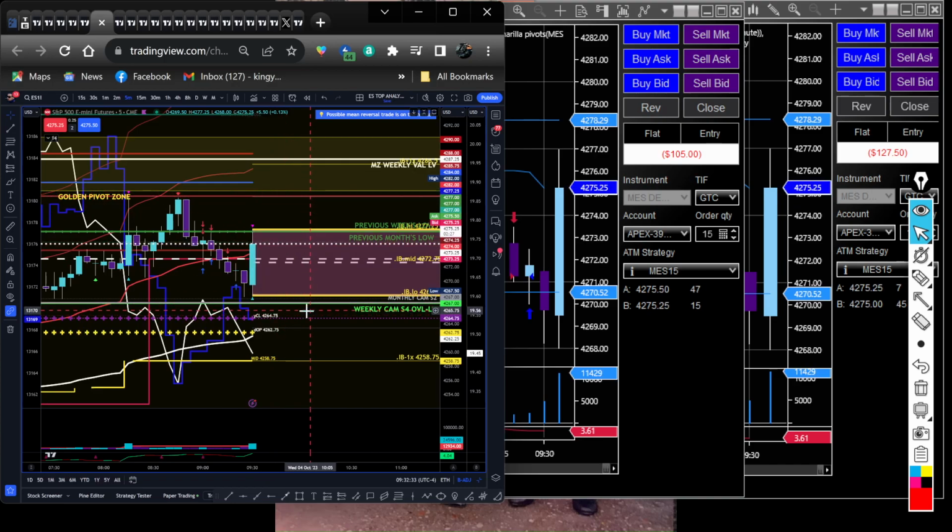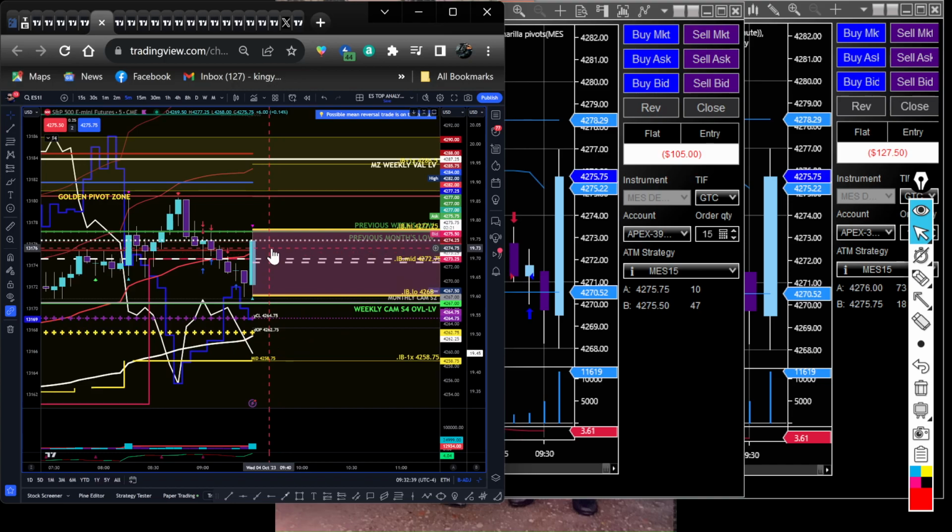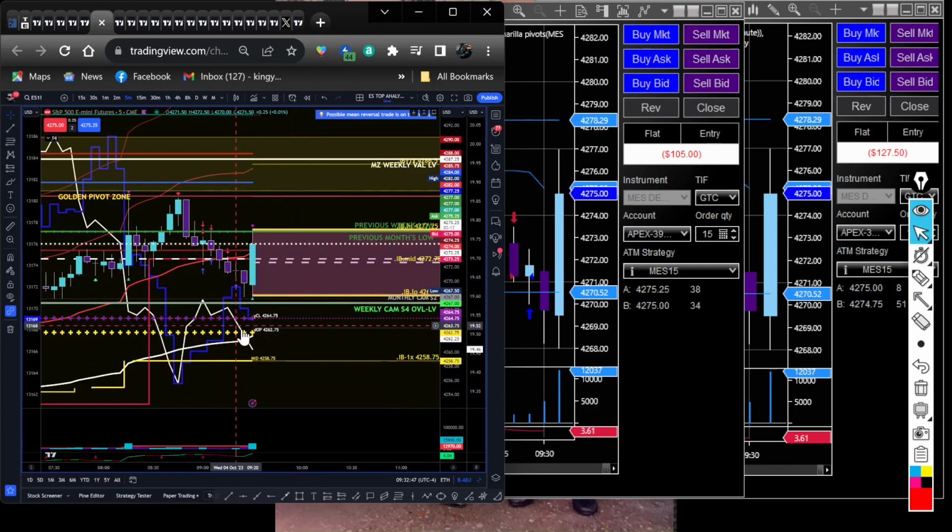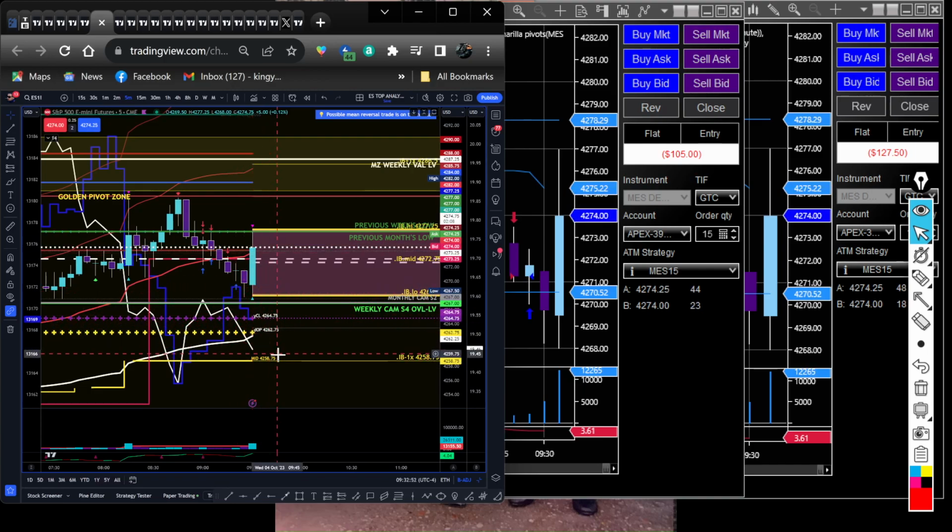Let's see. It's already looking kind of weak though. VIX is pulling down, so US dollar pulling back. It should push up a little more.